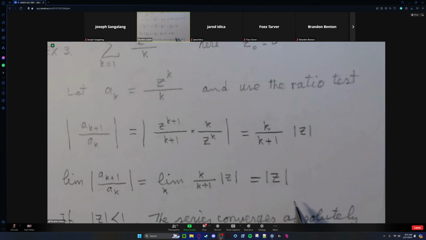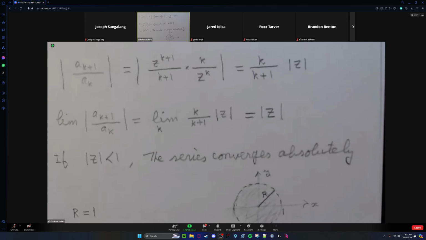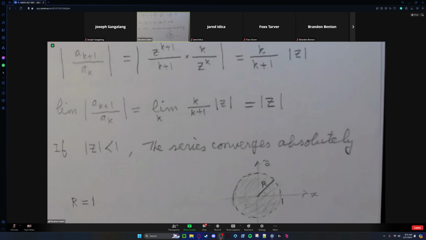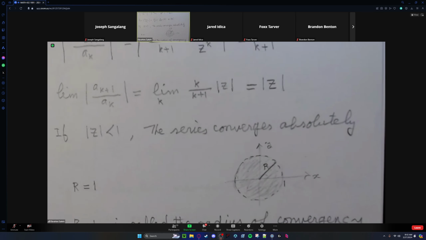So when Z is less than 1, which means within this disk, you choose Z here, then that infinite summation converges absolutely.